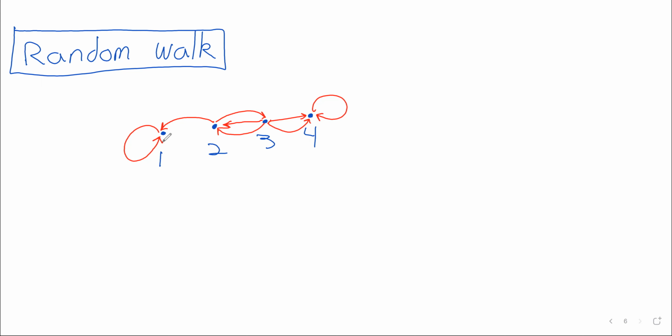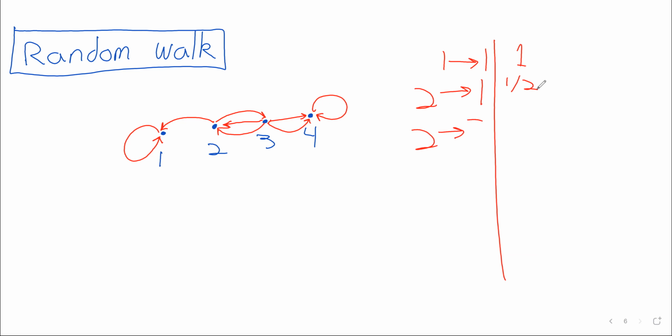So let's say that all movement occurs with equal probability. That is to say, here are our transition probabilities. If we're in state 1, we go to state 1 with a probability of 1. If we're in state 2, we go to state 1 with a probability of 1/2.